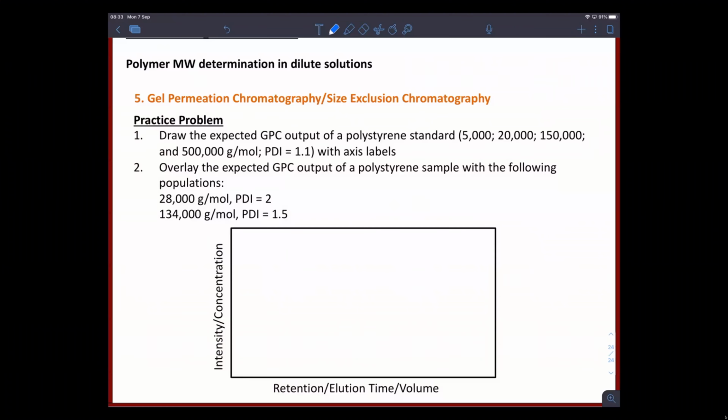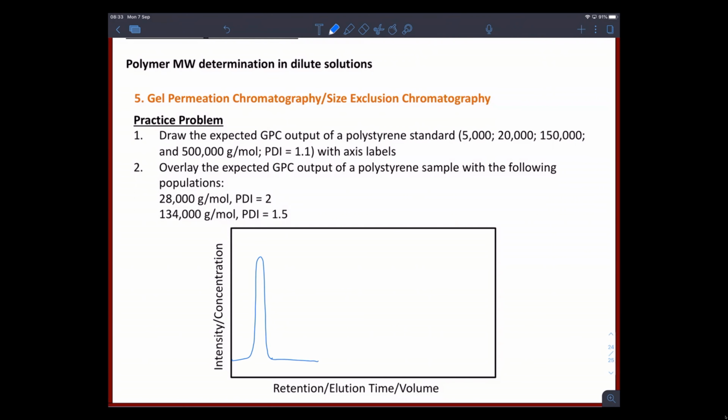So first one, draw the expected GPC output of a polystyrene standard, 5,000, 20,000, 150,000, and 500,000. You should know that the 500,000 is going to come off first, so it's going to look something like this. Interestingly, we don't know the intensity of these things, so we just draw them pretty much equal.